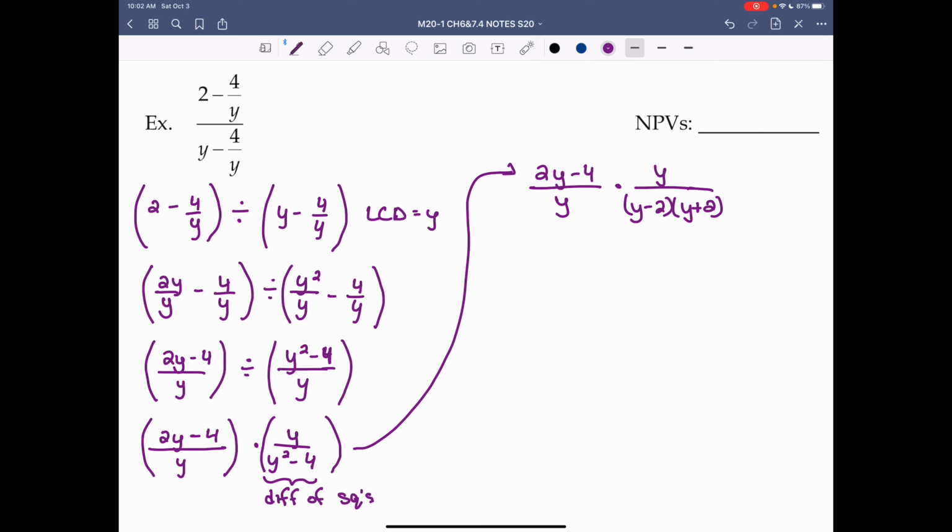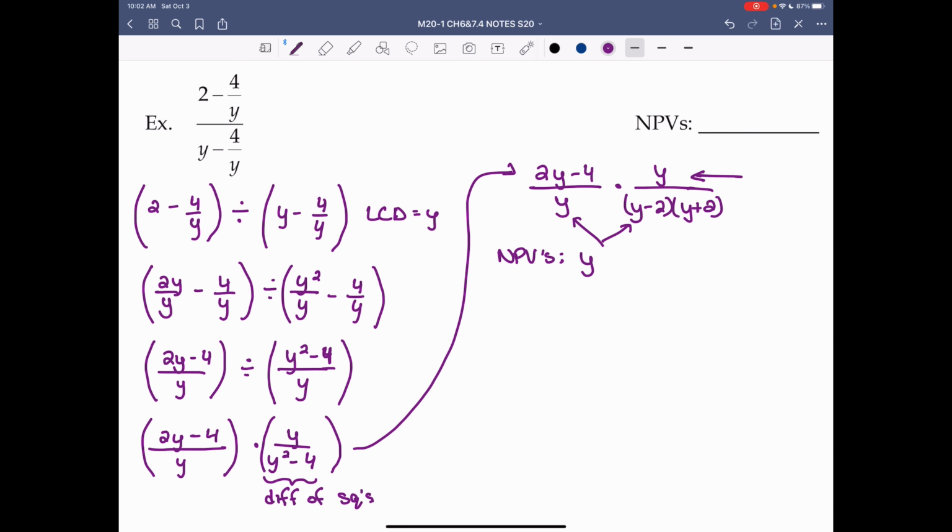Now let's determine our NPVs. We need to look at the denominators of both of our fractions, but we also need to look at the numerator of our second fraction because we were dividing by that, so we ended up multiplying by the reciprocal. So at one time, that numerator was a denominator. So both the denominator of the first one and the numerator of the second one are y.